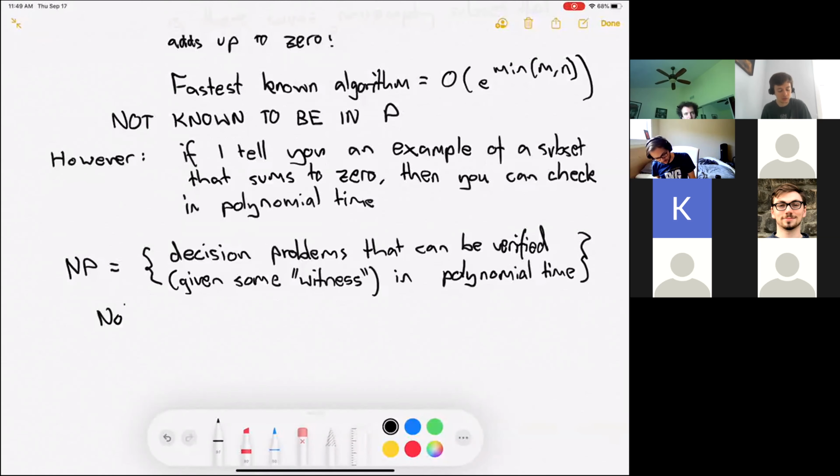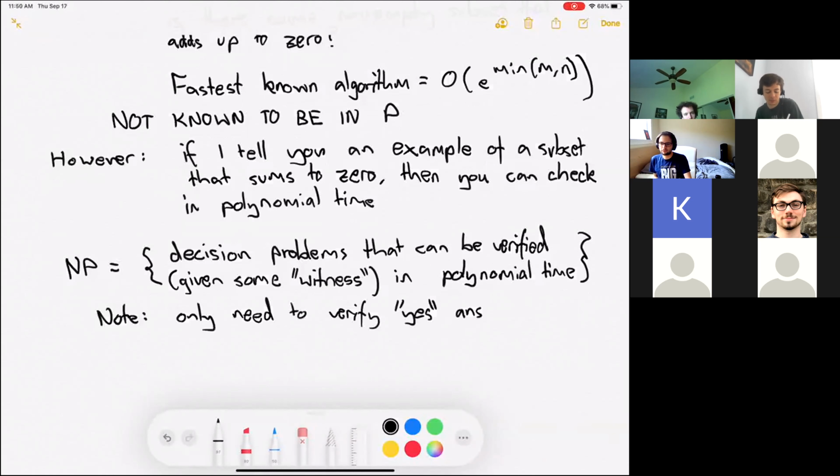Note, we only need to verify the yes answers. Right, if the answer is no, if there isn't a subset that sums up to 0, then we don't necessarily have to be able to give you a way to check quickly that none of them add up to 0.